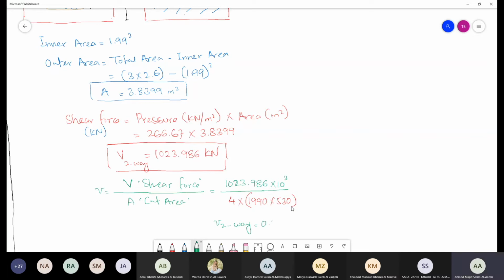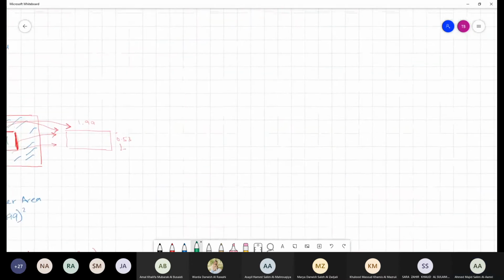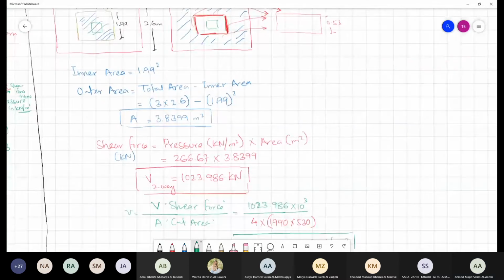So we have it as 0.2427 Newton per millimeter square. Okay.